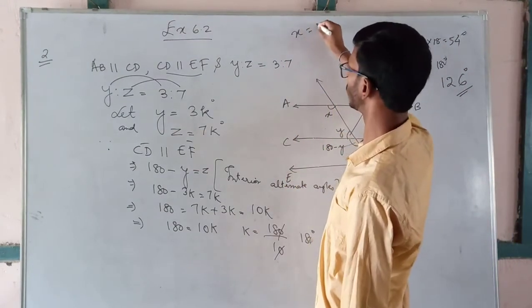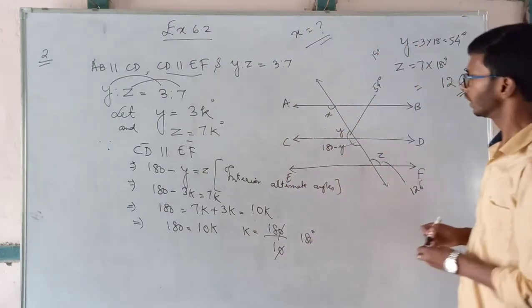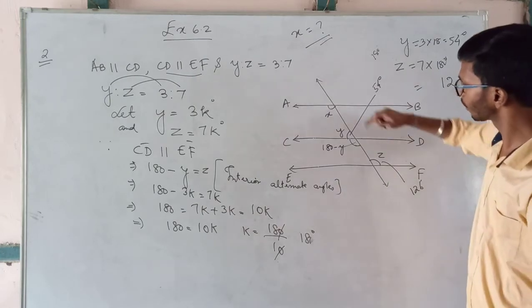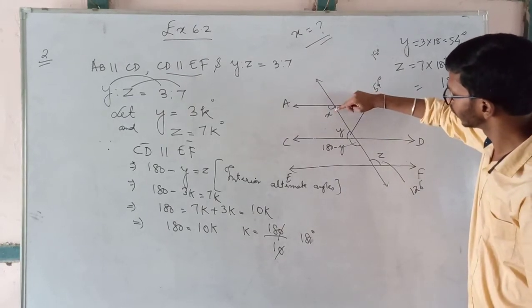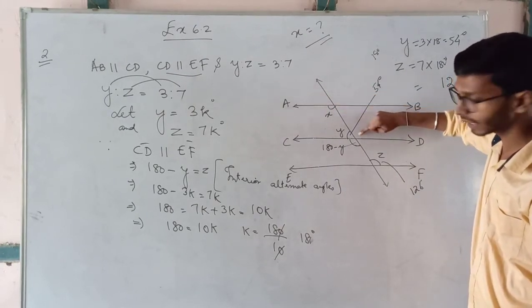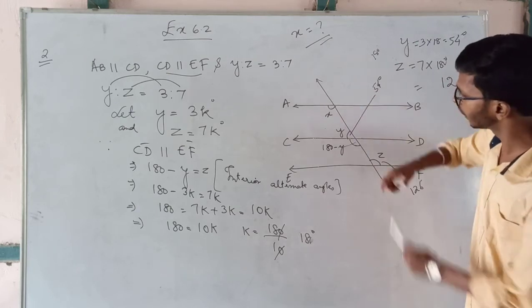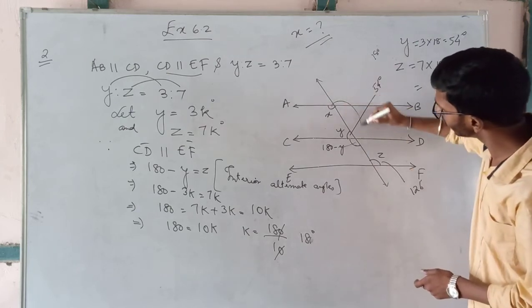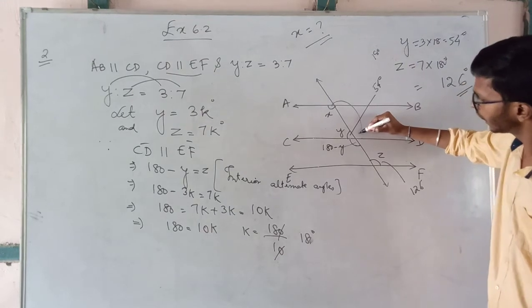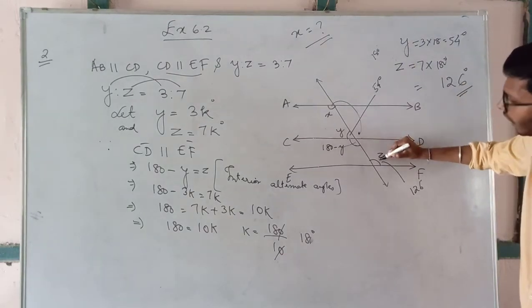Now we have to find the value of x. The question is find the value of x. Now you can see here x is equal to this angle. See carefully, okay? X is equal to this angle, and again this angle is equal to this angle.